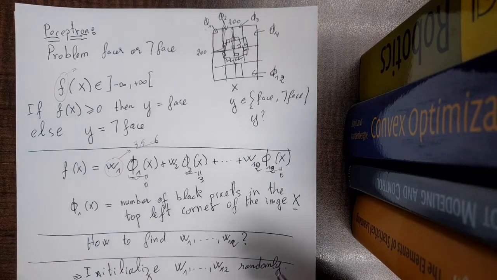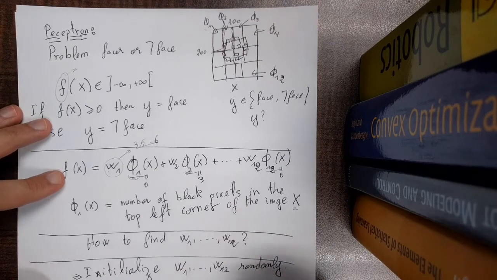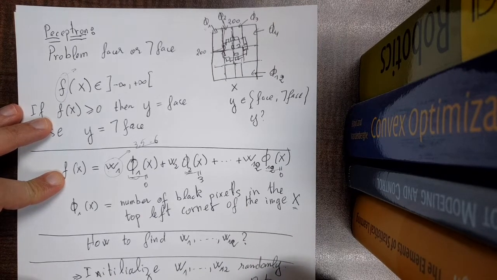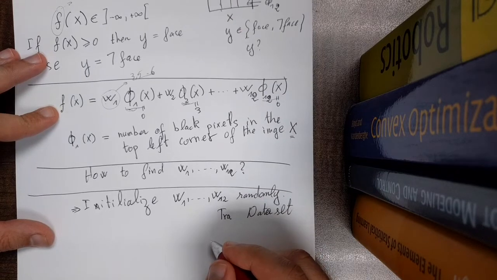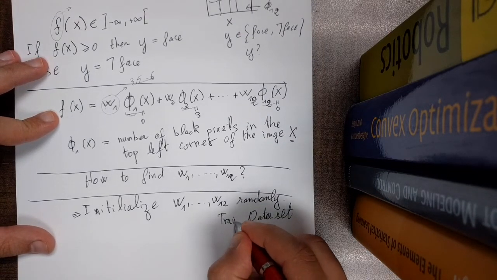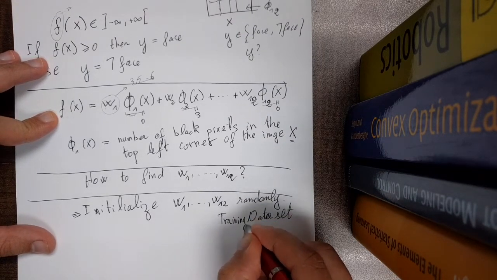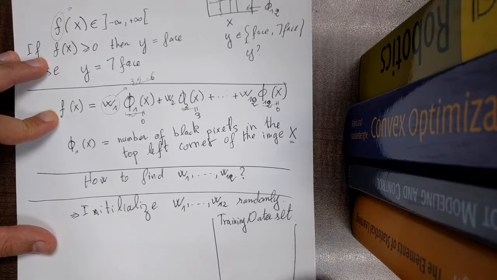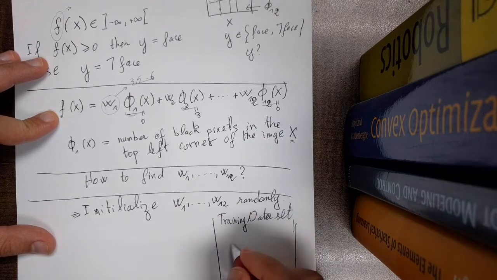Then you start learning, you start training these weights. And the way you do it is you have a data set, you have a training data set, and in this training data set you have a lot of images.